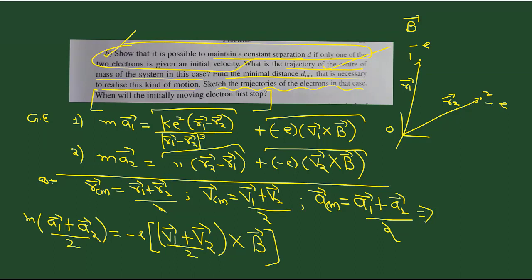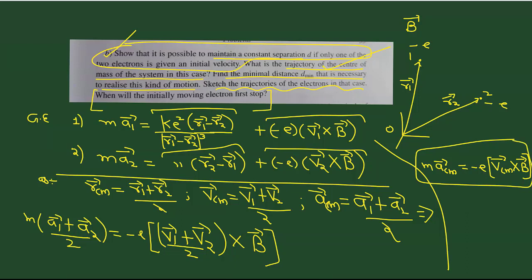Now, this tells me that in this problem, mass into acceleration of center of mass is like a charge minus E moving with the velocity of VCM under the effect of the magnetic field. That is what I have proved.